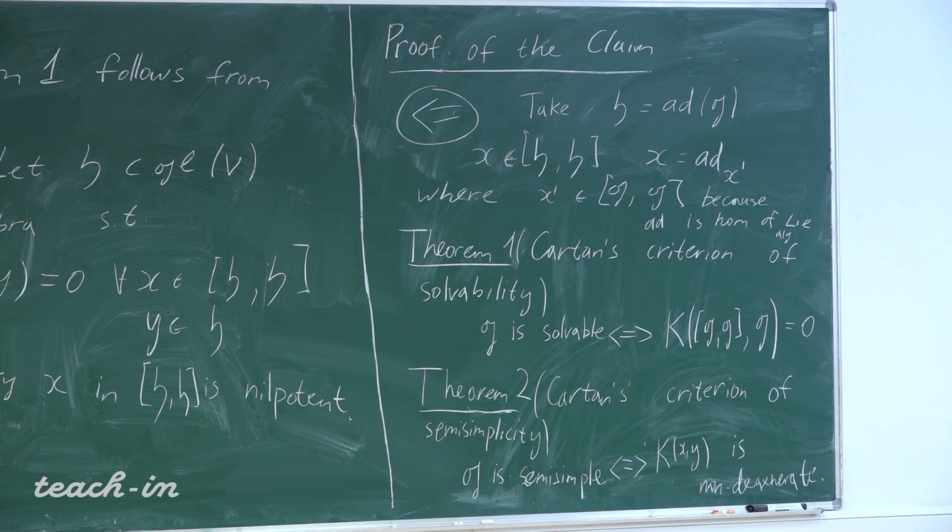So by Lie's theorem, since it's solvable, there exists a basis in G such that all the operators of the adjoint representation, this is what I mean by ad x, are upper triangular.